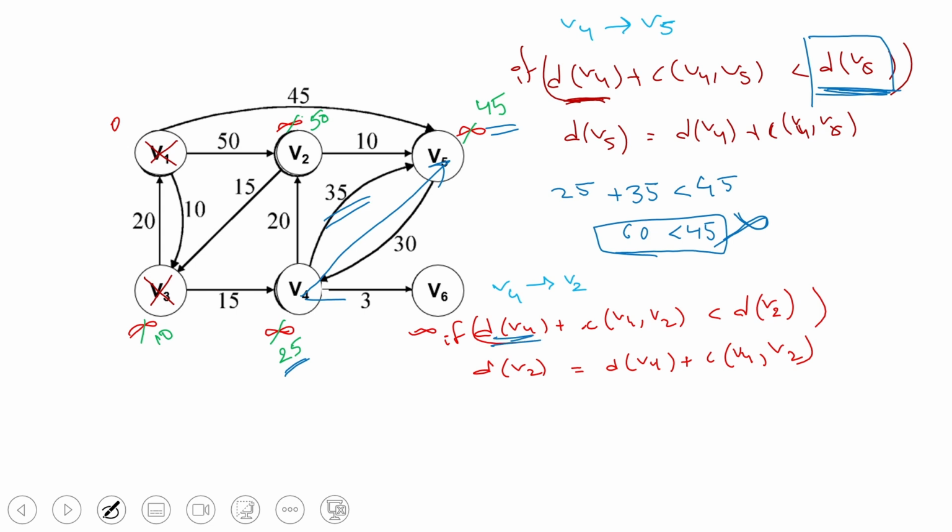What is distance of v4? Distance of v4 is 25, plus the cost from v4 to v2, which is 20, which is less than distance of v2, 50. So is this true? 45 is less than 50. Yes, it's true. So distance of v2 equals 25 plus 20, which is 45. So update the value.